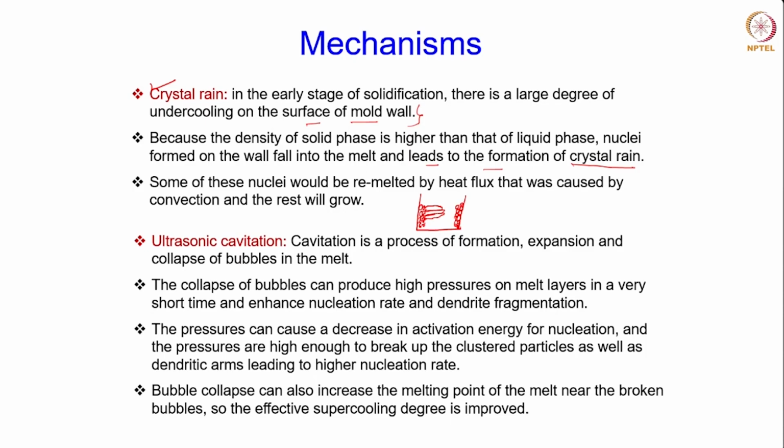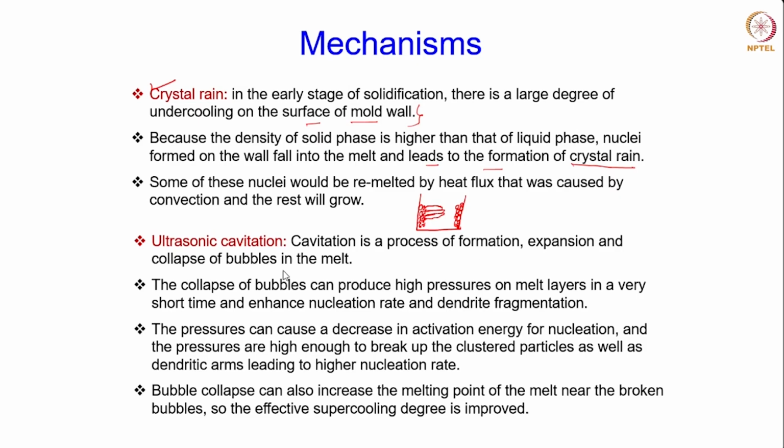Okay, so that phenomenon which occurs due to the ultrasonication of the liquid melt is known as cavitation, which is basically a process of formation, expansion and collapse of bubbles in the melt. Okay, so it is through this sequence of formation, expansion and collapse of bubbles that agitation is created in the melt, leading to grain refinement.